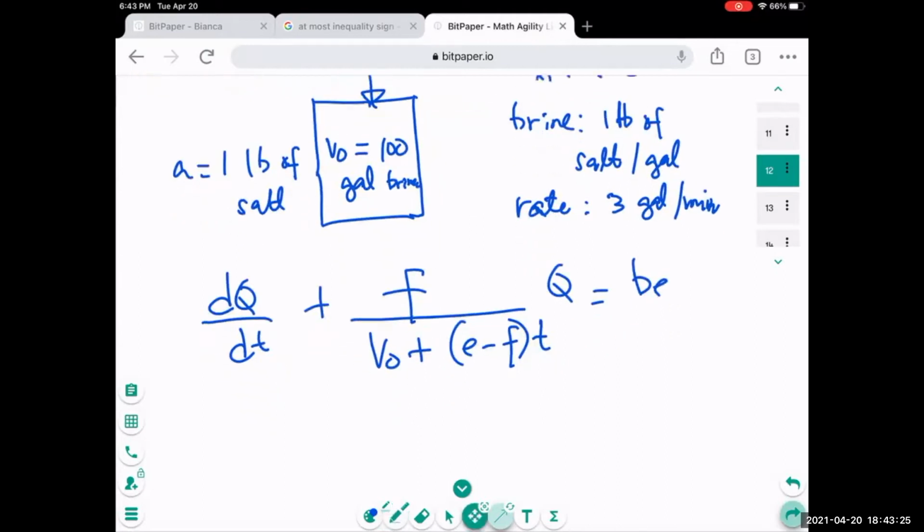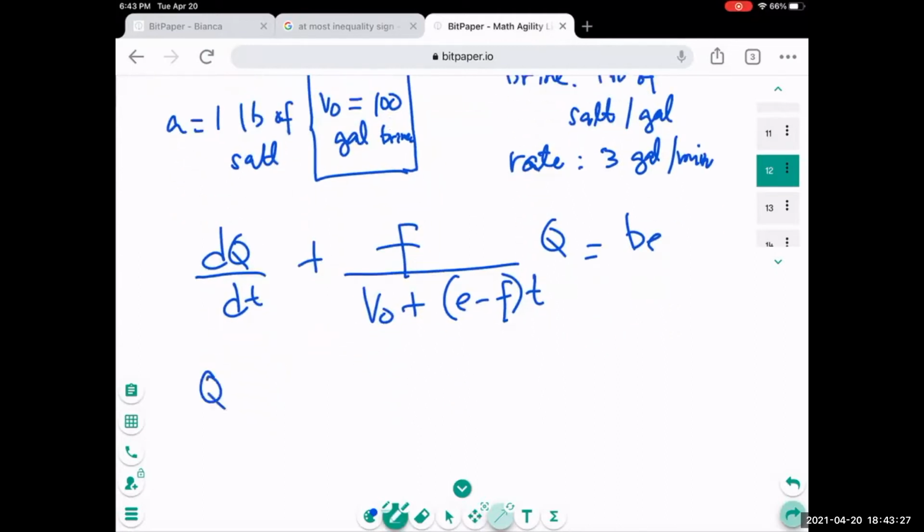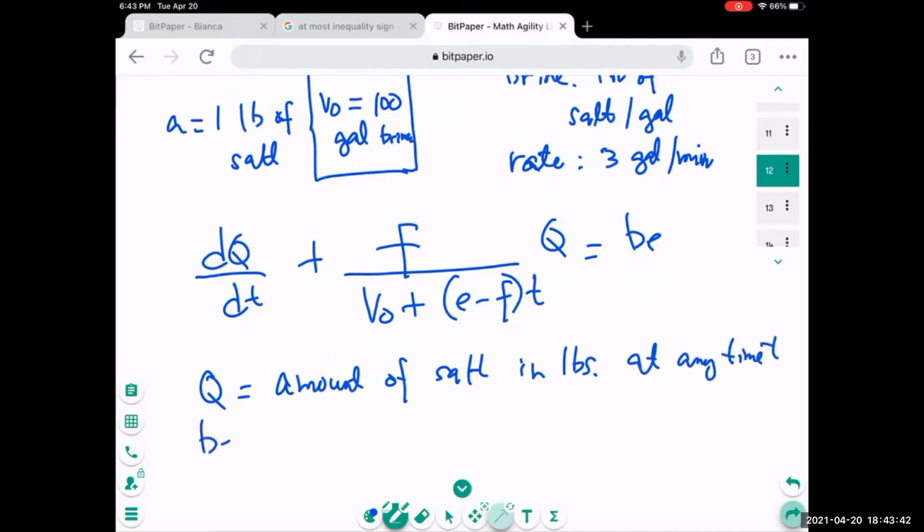So q is actually the amount of salt in pounds at any time t. And then b e is the rate of pounds per minute of salt entering the tank or entering the container.